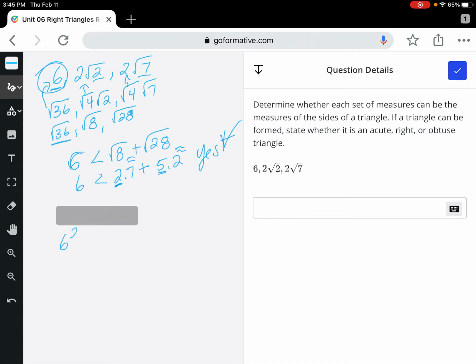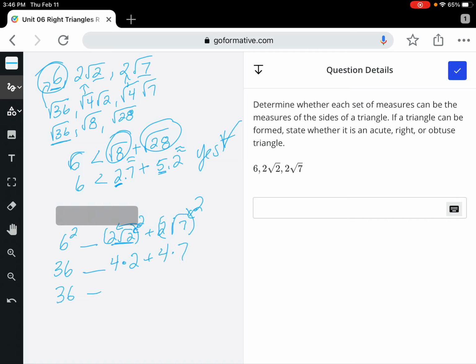Okay, so next thing we do is we do our Pythagorean theorem. Now 6 was the longest side, so 6 squared is something to 2 radical 2 squared plus 2 radical 7 squared. And you can go to these values too and use them. I'm just using the original values because I want to remind you of something. So when you square a 2 radical 2, make sure you square the 2. So that becomes a 4. And the radical 2 squared is 2. This one, I square the 2, it's a 4. And then radical 7 becomes a 7.